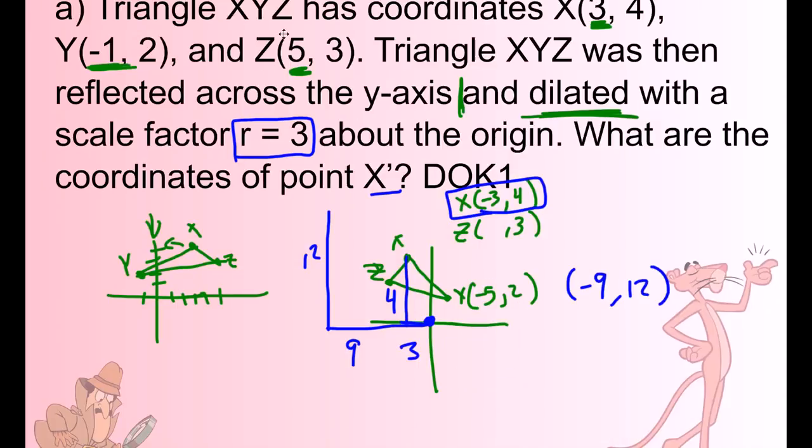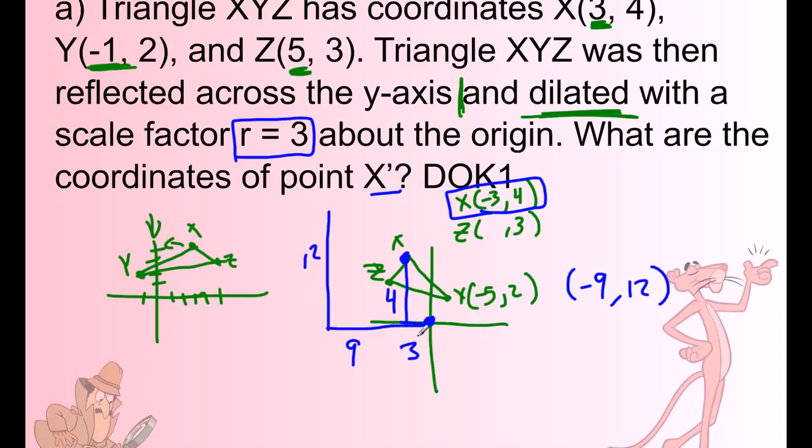So I did my reflection. I kind of made a little sketch of it. I found the locations of the points. The only point I really cared about here was the x point. Then when I dilated it, I noticed that since it's a dilation with a scale factor of 3, everything's going to be 3 times farther away. So the directions I would use to get from the origin to the x point, I'd go left 3, up 4.